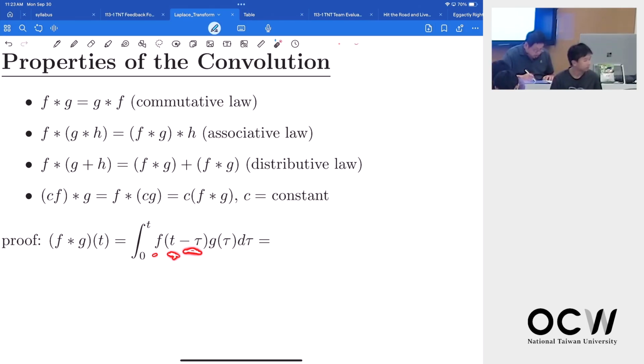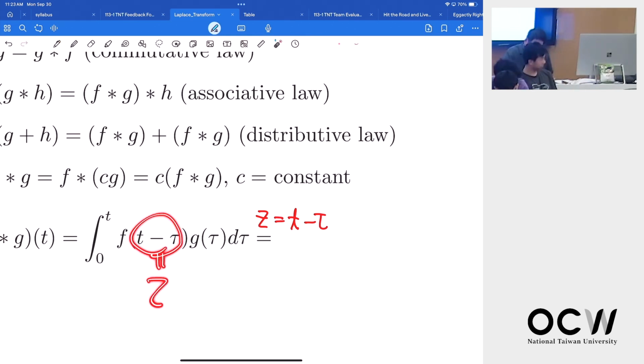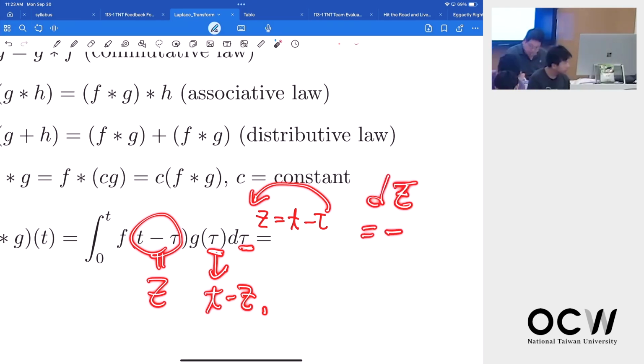So now I just change the variable. Let's say z equals t minus tau. So this t minus tau becomes z, and tau becomes t minus z. Here d tau will be minus dz.